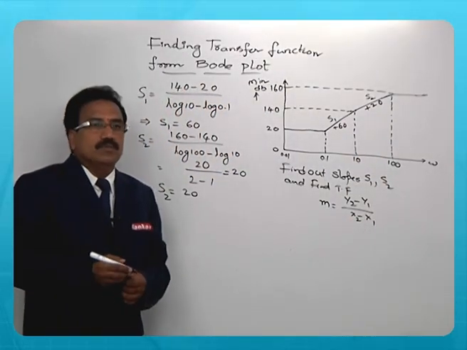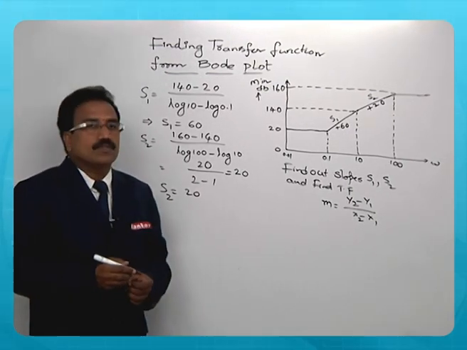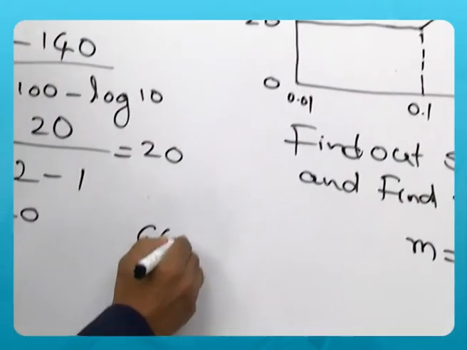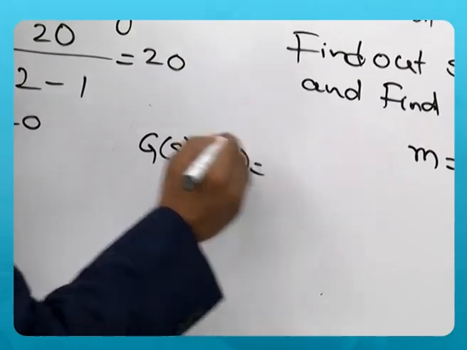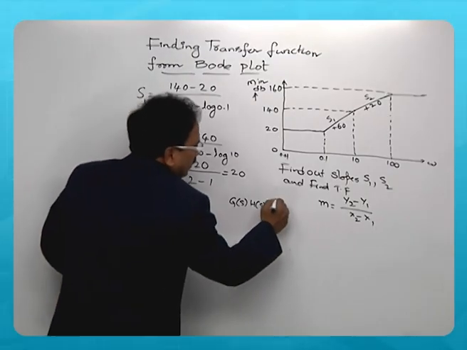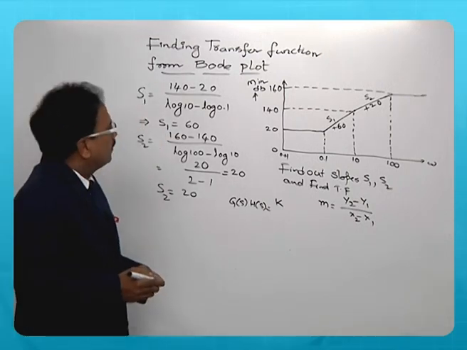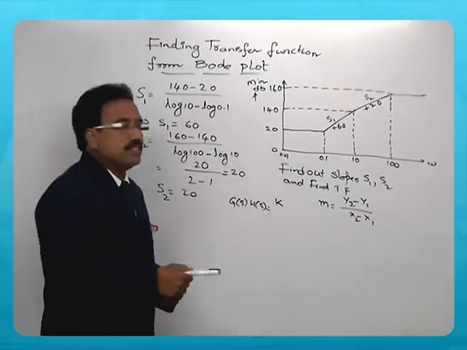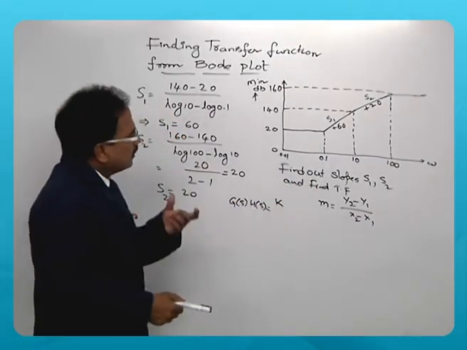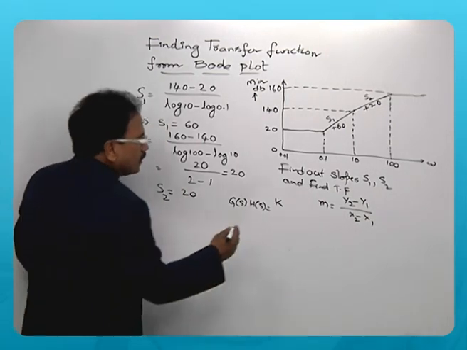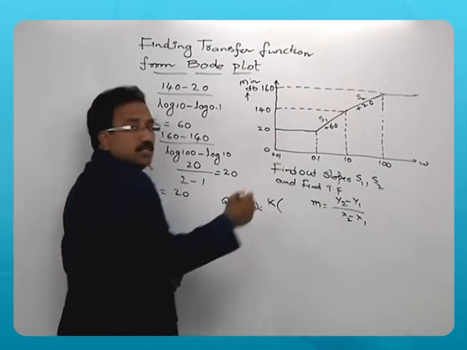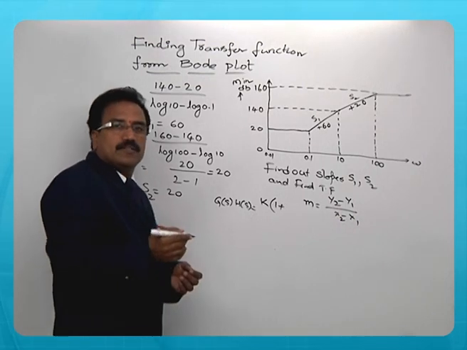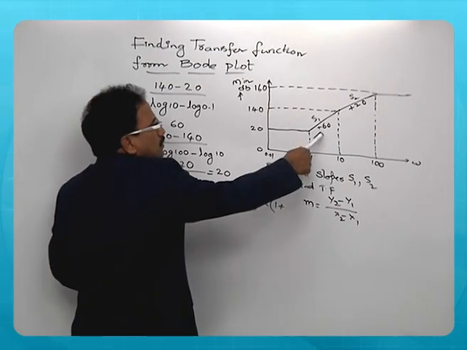Now we need to obtain the transfer function as soon as the slopes are obtained. So you can actually get G(s)H(s). As you know, it consists of K. Now you can see that the slope actually begins at plus 60 at 0.1, that is the corner frequency. That means it is a zero, because having a slope of positive value, and for every zero the slope is plus 20, but here the slope is plus 60.